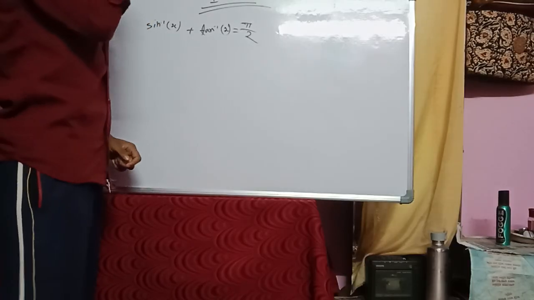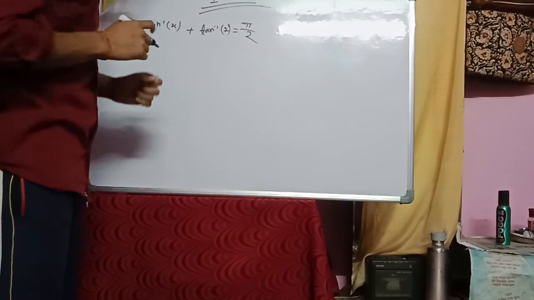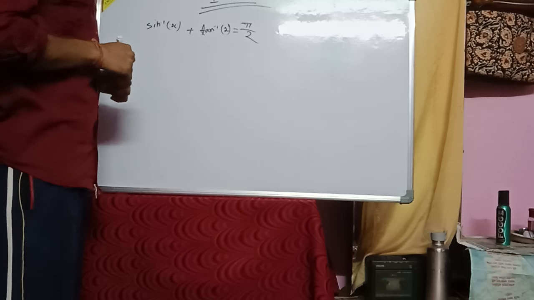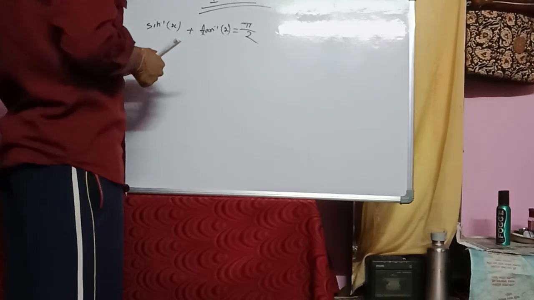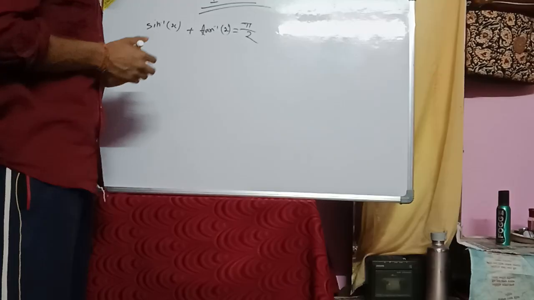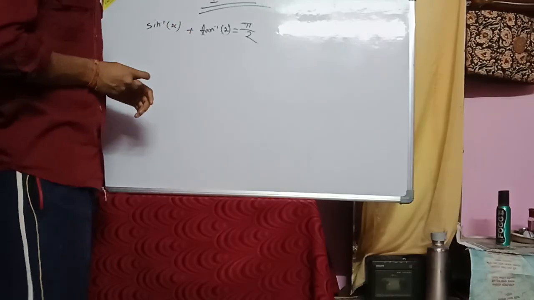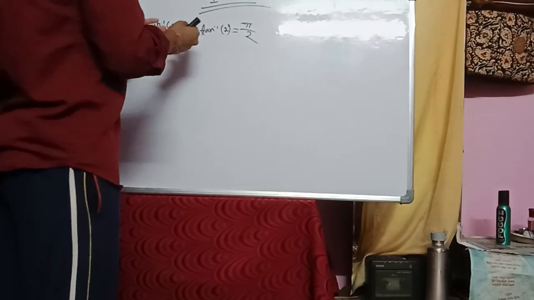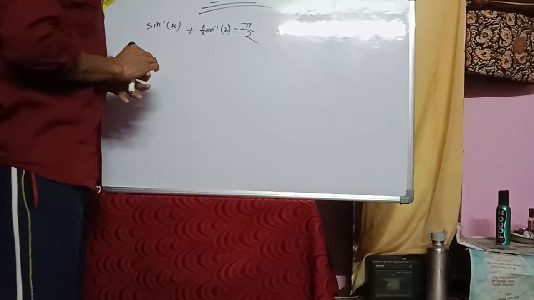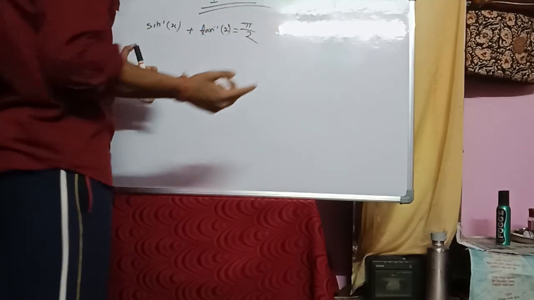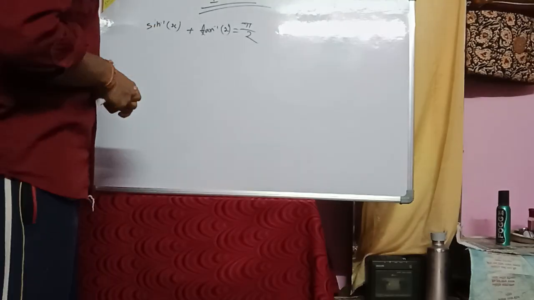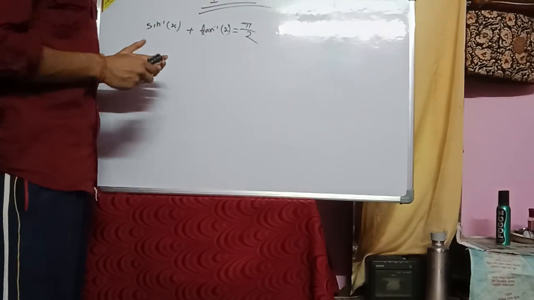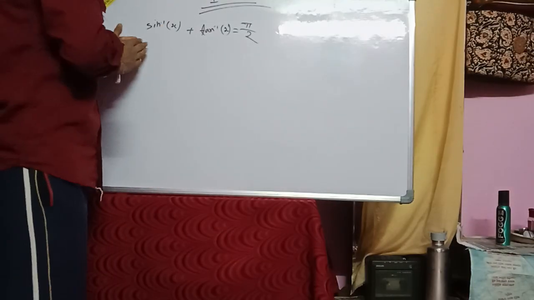Okay, so it's not very difficult. What we are going to do is transform either of these two inverse trigonometric functions into something similar, like maybe turning tan into sine, or sine into tan, or maybe turning both into cos.